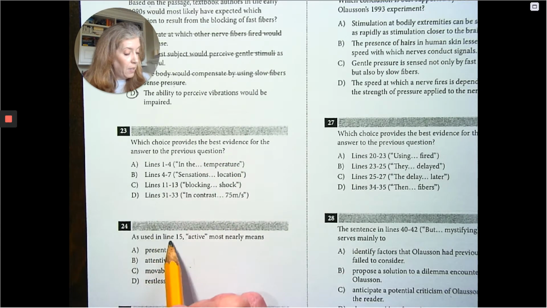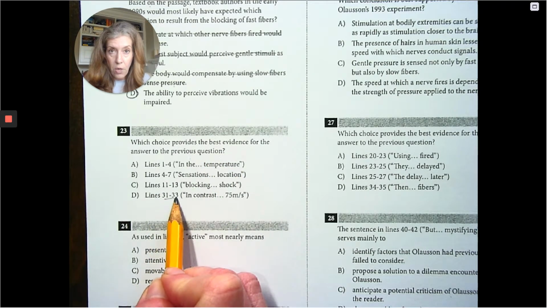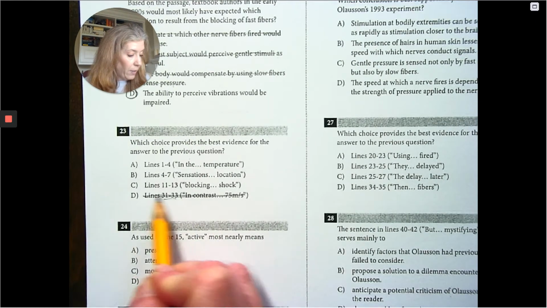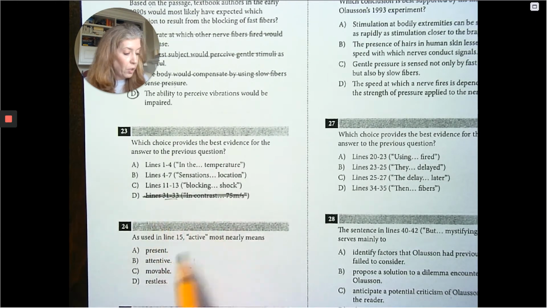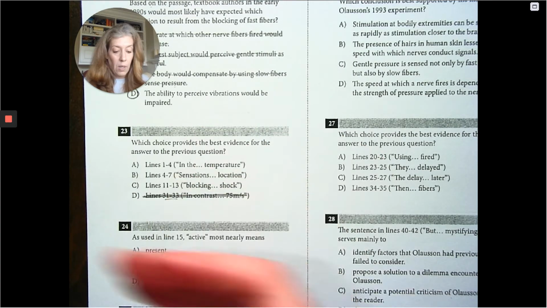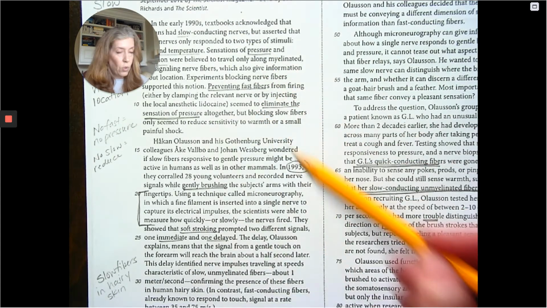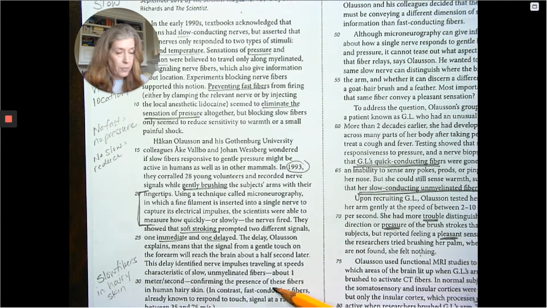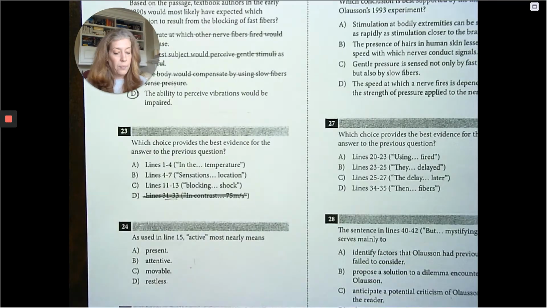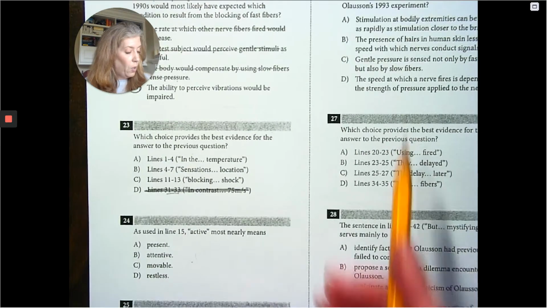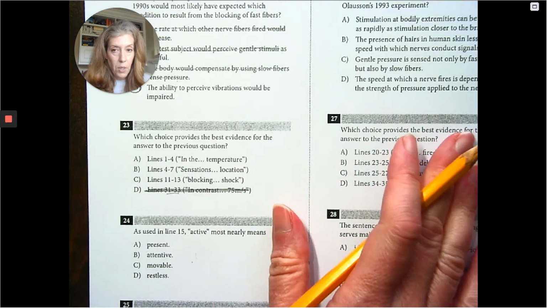That means that because line 31 to 33 comes after line 15, I can automatically get rid of it. So the biggest clue was here, and we know our question order rule, meaning the first few questions will come from the beginning, the next few questions will come from the middle, and then the end questions will come from the end. So I know I can get rid of that one.